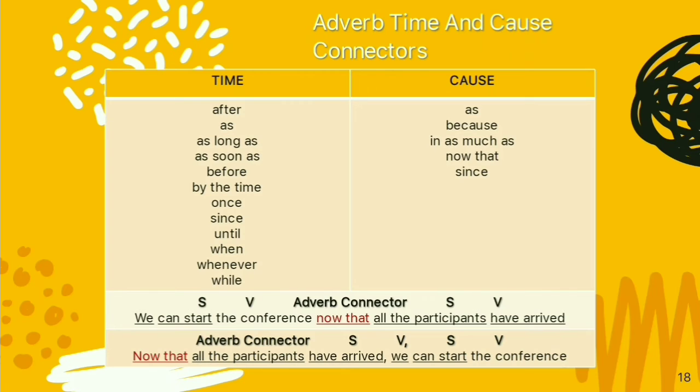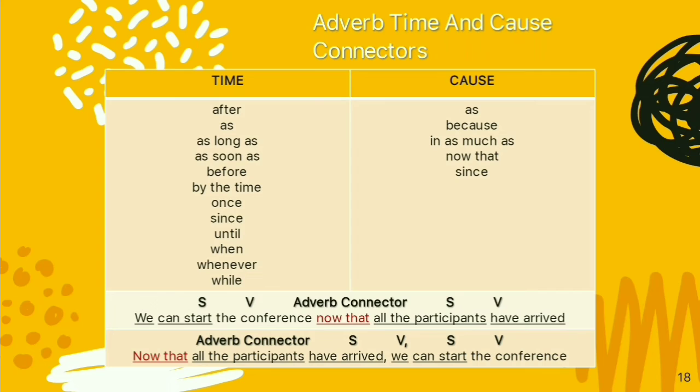For the formula: subject, verb, adverb connector, subject, verb. Or another formula: adverb connector, subject, verb, comma, subject, verb. For the second formula, don't forget to put a comma in the middle of the sentence. The example for the first formula: we can start the conference now that all the participants have arrived.